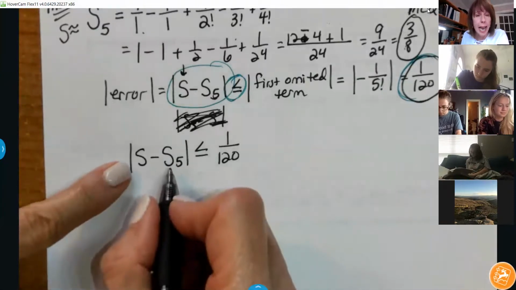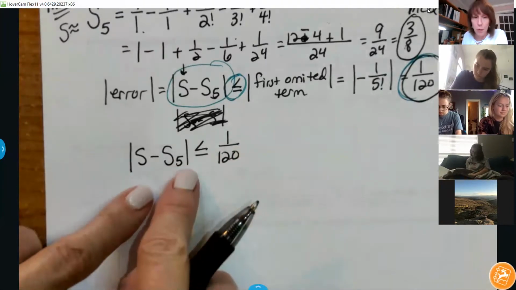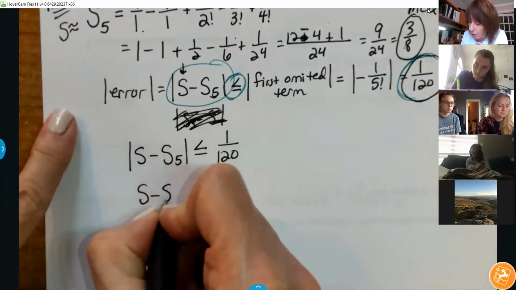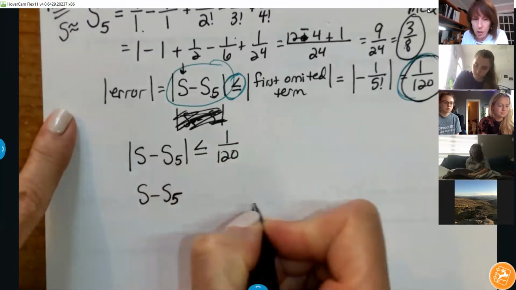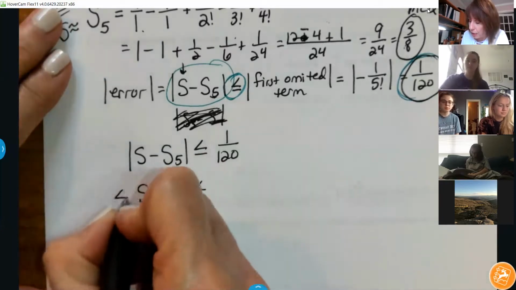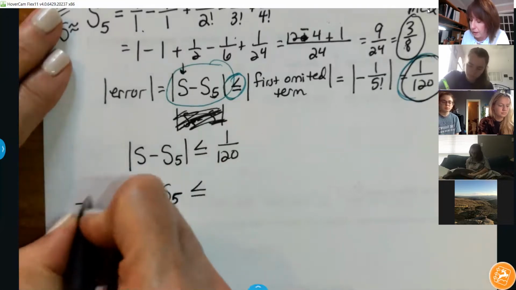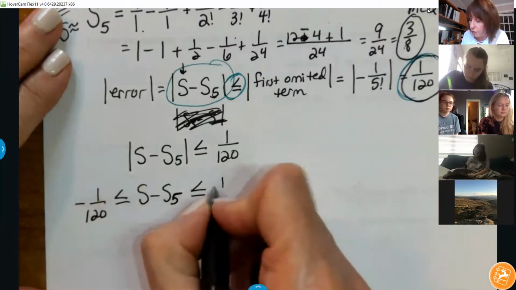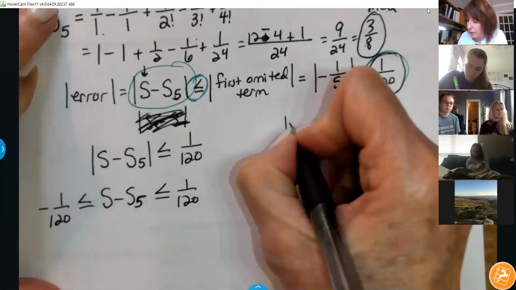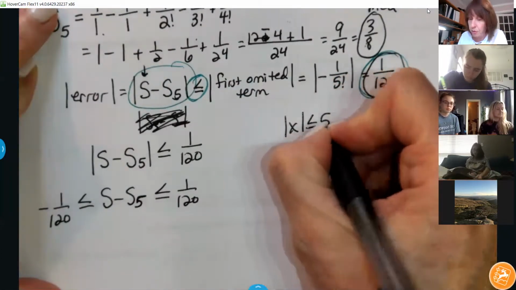And so now I'm removing this from the absolute values by putting what's inside the absolute values between the negative and the positive of that 1/120. And that's just because that's how we get rid of an absolute value, right?